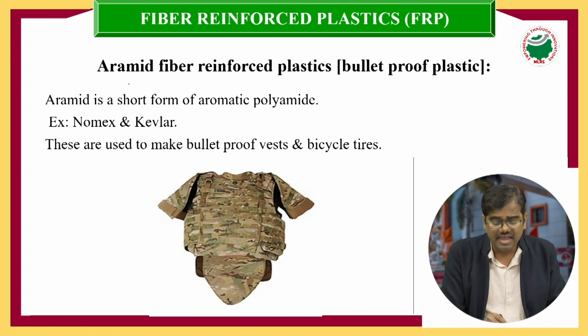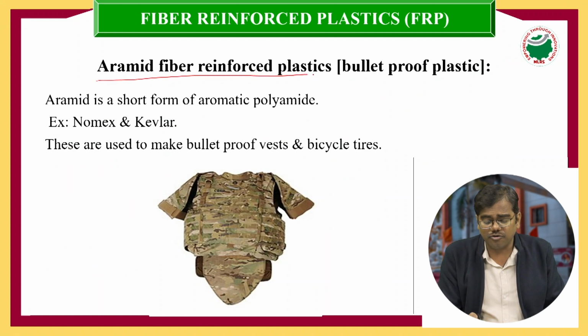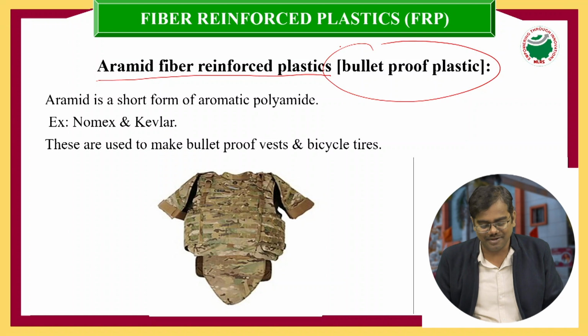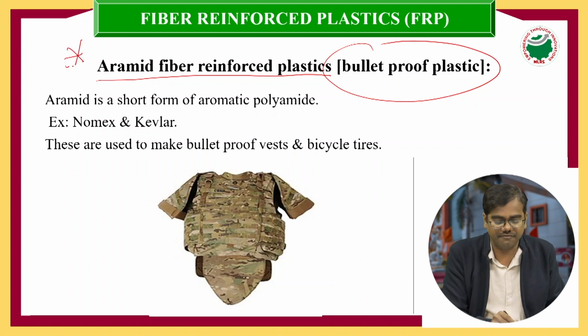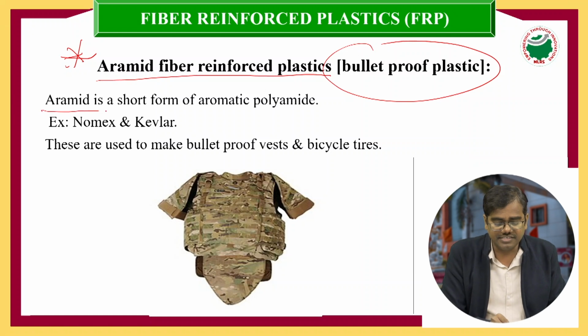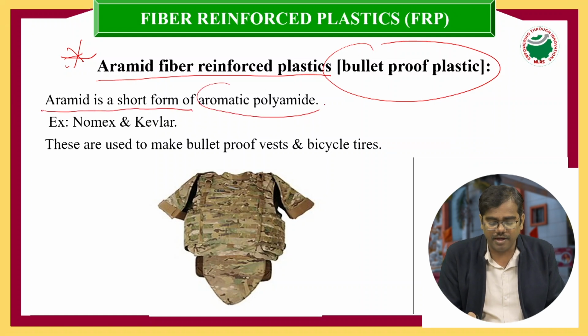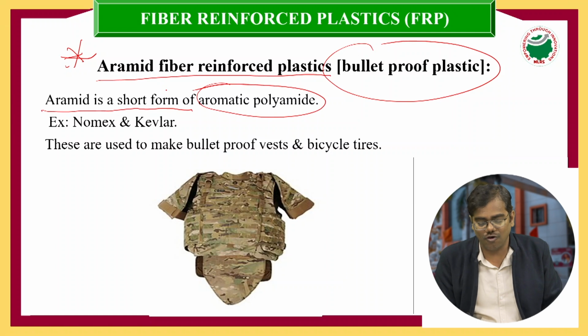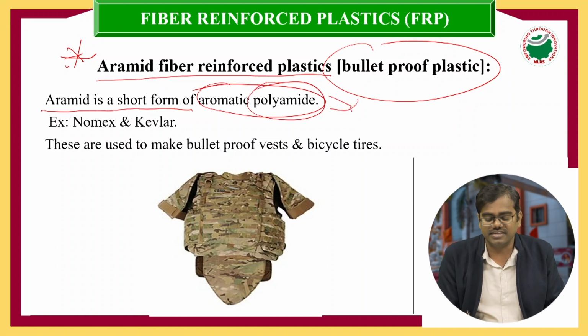A third one is aramide fiber reinforced plastics. For example, a bulletproof plastic material is the best important application for fiber reinforced plastics because it is very strong. Aramide is a short form of aromatic polyamides. Already we have discussed polyamides, that is nylon 6 and nylon 6,6, mostly used in the textile industry for making cloths.